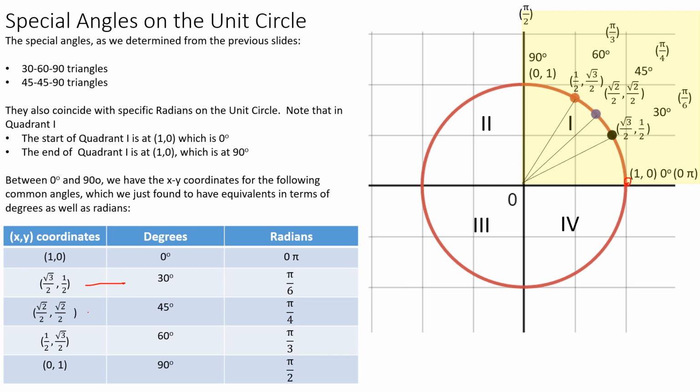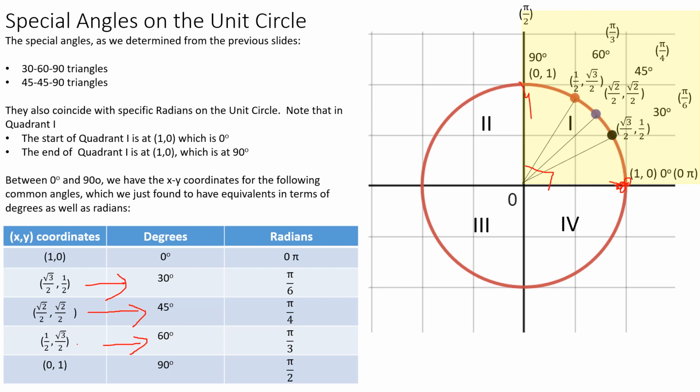Square root of 3 over 2, 1/2 is 30 degrees. Square root of 2 over 2, square root of 2 over 2, that's 45 degrees. We've done that one also. 1/2, square root of 3 over 2 is 60 degrees. And if we go from 1, 0 to 0, 1, that is a 90-degree angle right there.